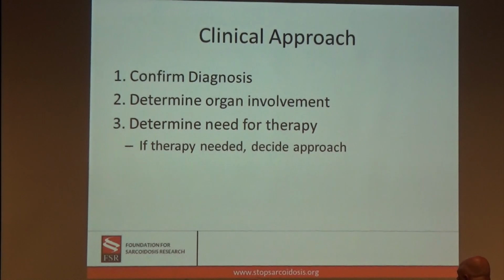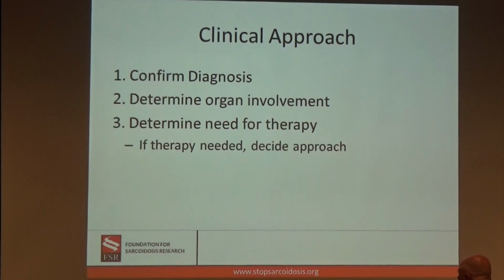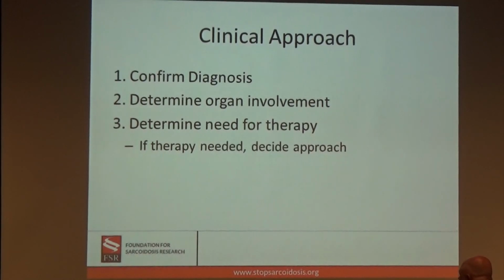So how do I approach a patient with sarcoidosis? When I have a patient come to me in my clinic at the University of Florida, I always explain to them that it's a process, and the process starts with me making sure that sarcoidosis is really what you have. And the reason I say that is, many people call sarcoidosis the great mimicker.